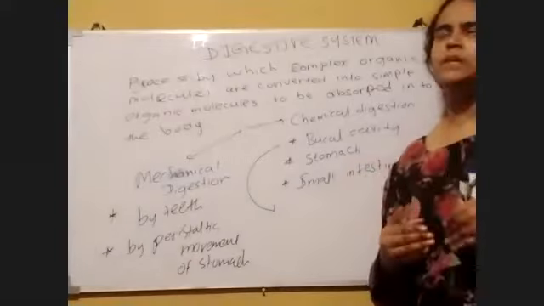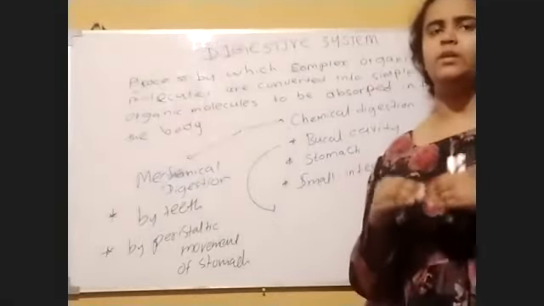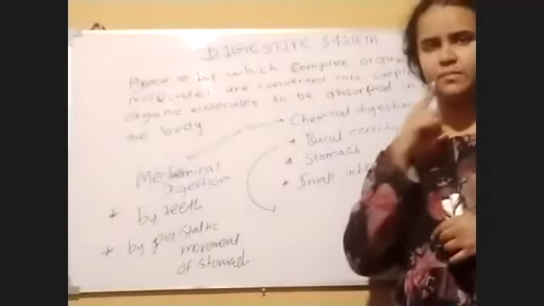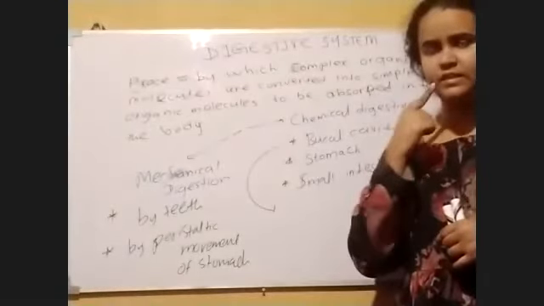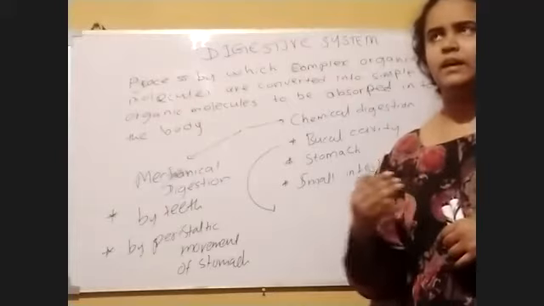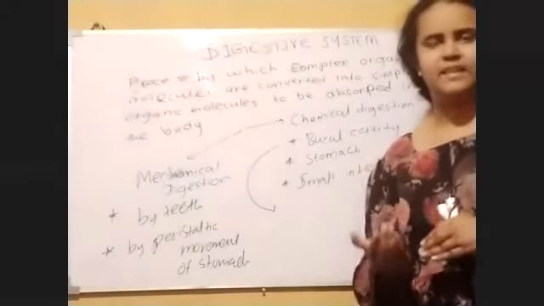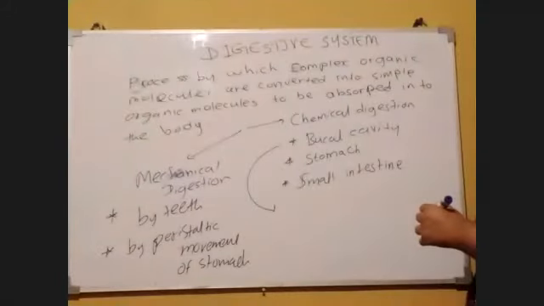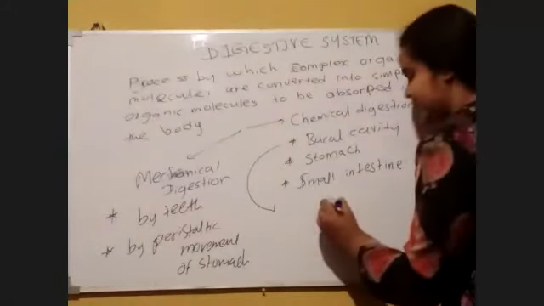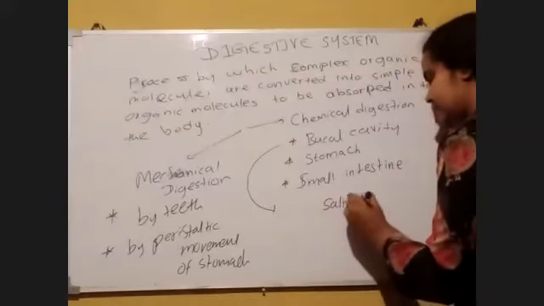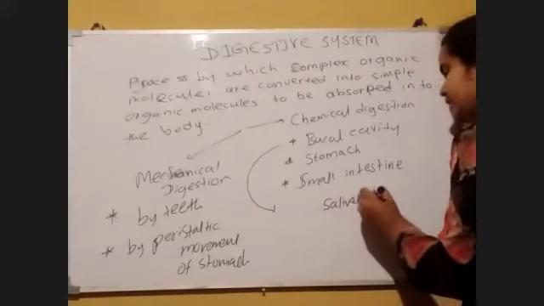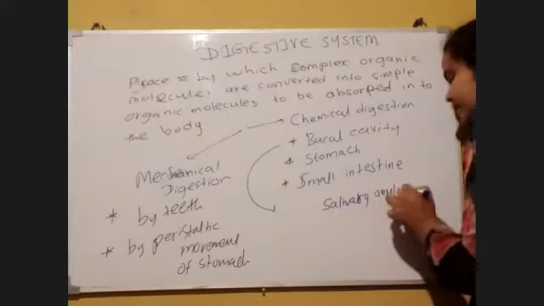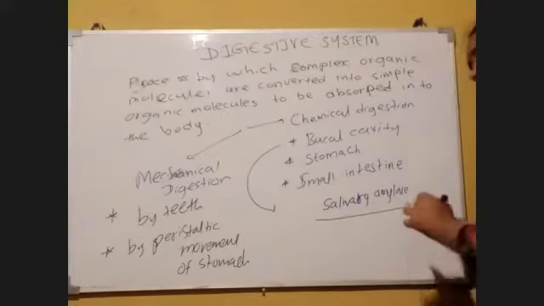In our syllabus, we had to study only one reaction that takes place in our buccal cavity, and it is done by one enzyme. We can say it is salivary amylase.